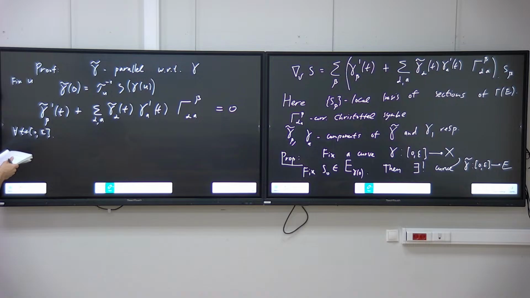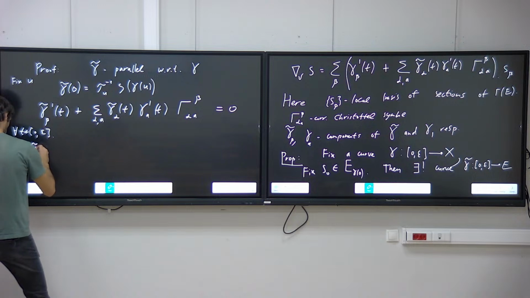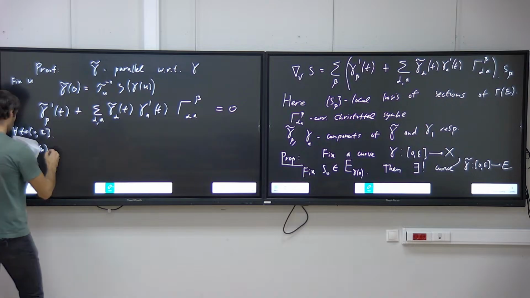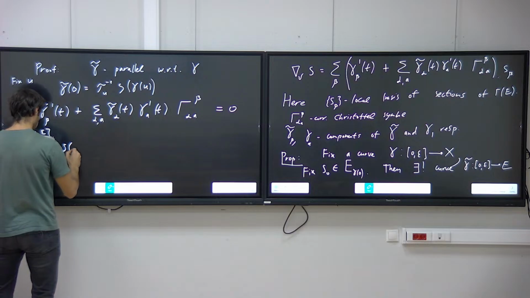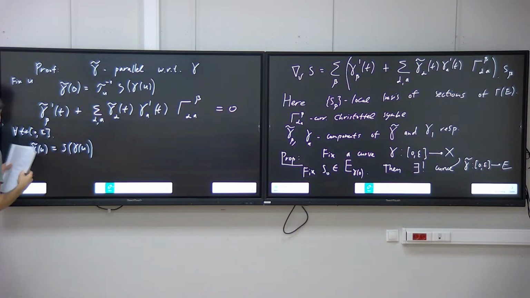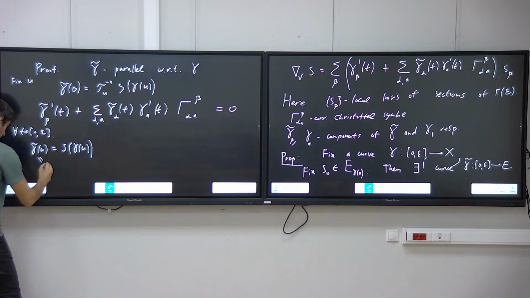Then I would like to see that gamma tilde of u is actually s of gamma of u, just because gamma tilde of u is, to be a little bit more detailed, tau u of gamma tilde of 0.